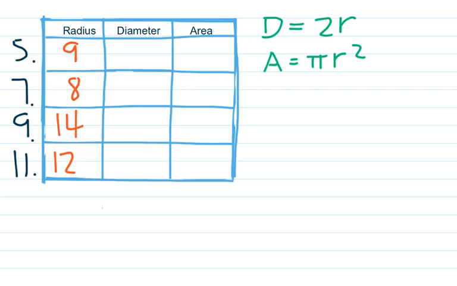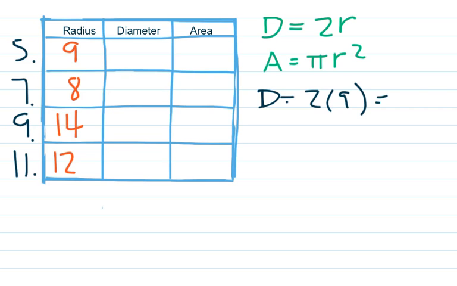So number 5, they give us a chart. They want us to find both the diameter and the area. So remember, the diameter is the radius times 2, and the area is pi times the radius squared. So we are going to plug each of these into all of the equations. So for number 5, we are going to say diameter equals 2 times 9.